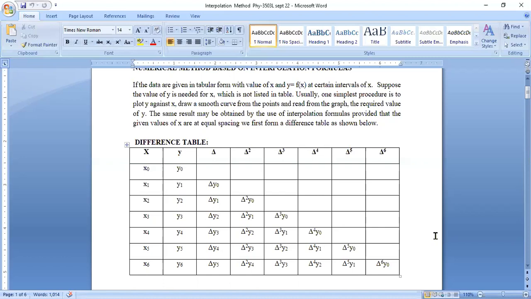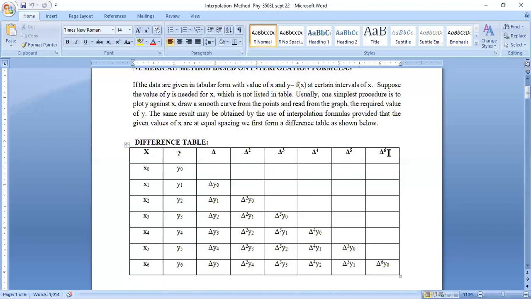First of all, I will explain this difference table. We first find the first order difference, delta to the power of 1. We find the second order difference, delta to the power of 2, the third order difference, delta to the power of 3, the fourth order, delta to the power of 4, delta raised to 5, and the sixth power.